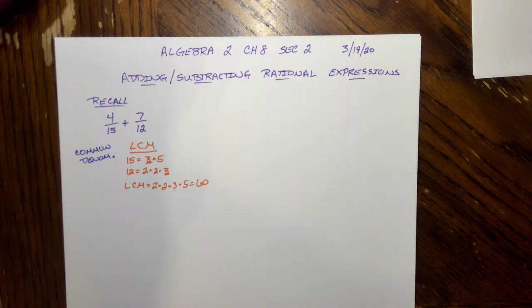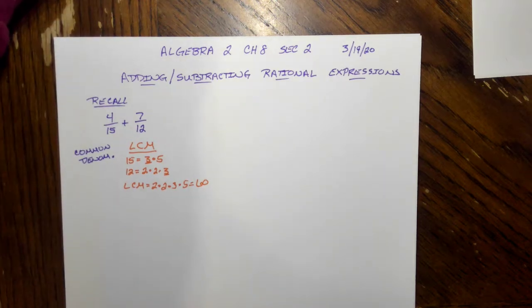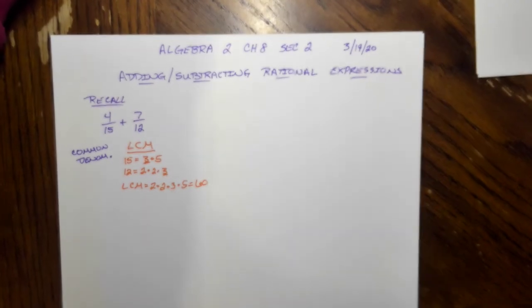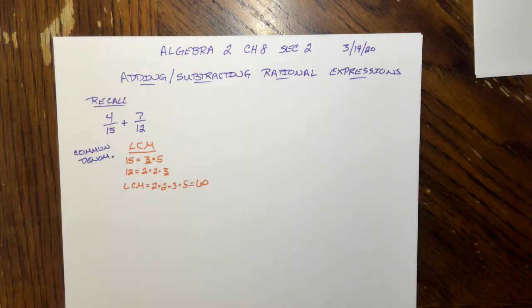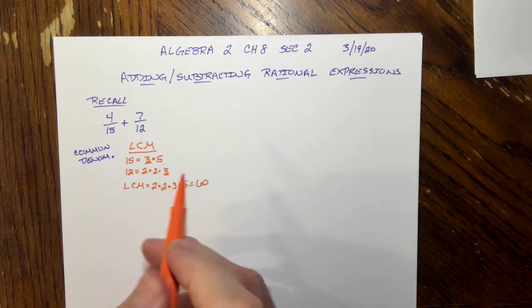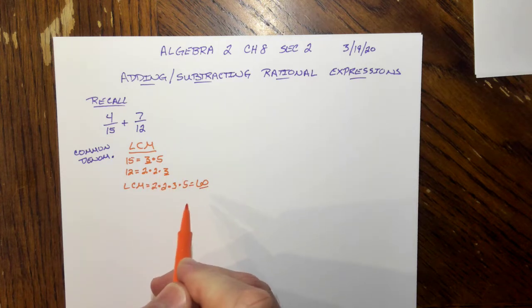Let me see, that doesn't look all that clear, does it? There, that looks a little bit better. All right, so that means in your head, when you're doing all this stuff, we got to have an LCD of 60.